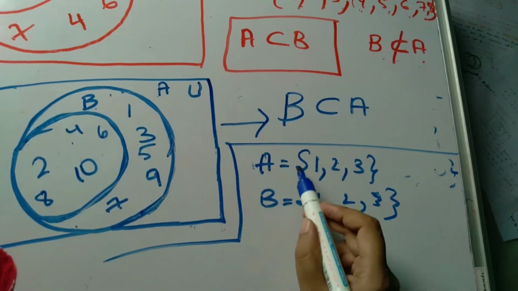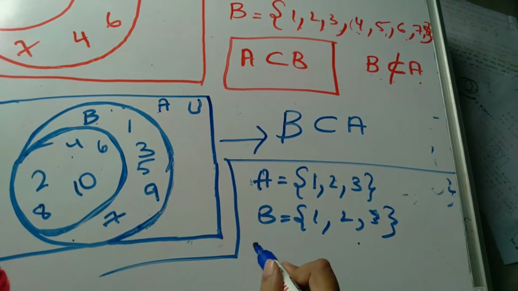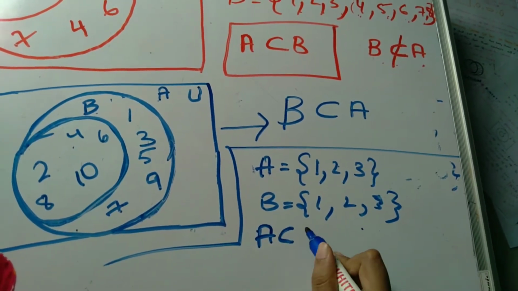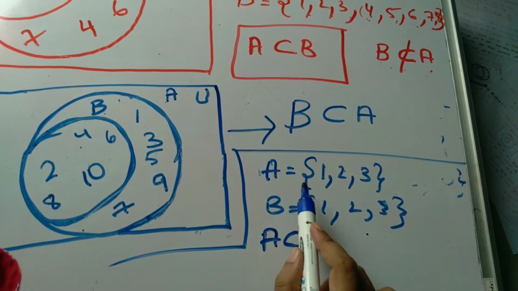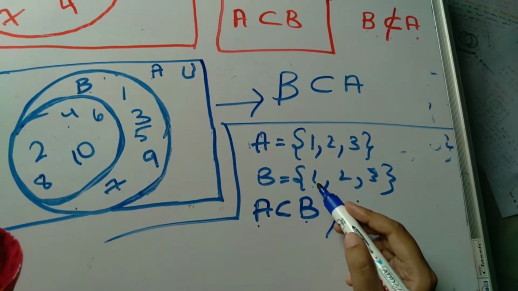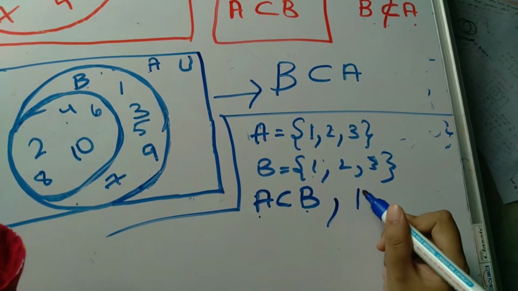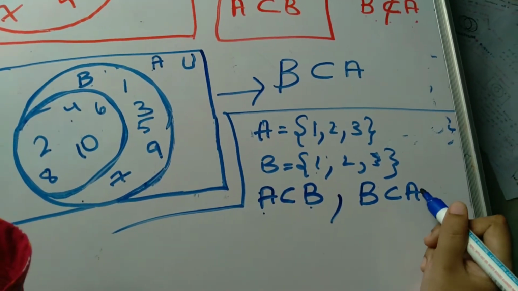Look here, all the elements of A are in B and all the elements of B are in A. Then how will we represent this? All the elements of A are in B, so we can write A is a subset of B. And all the elements of B are in A, so we can write B is a subset of A.